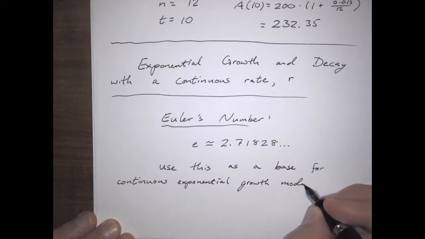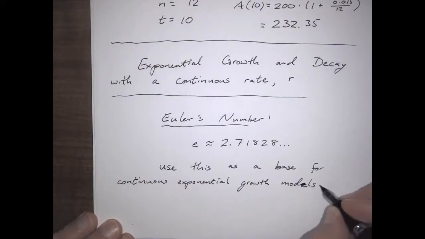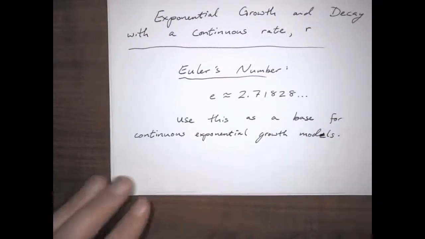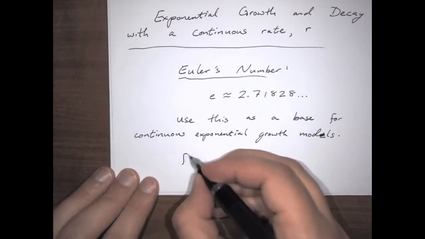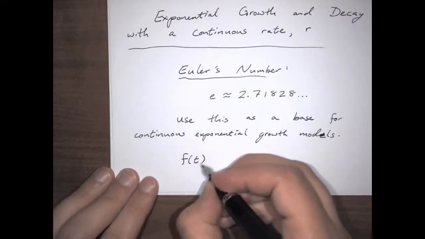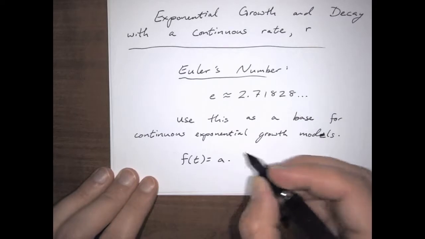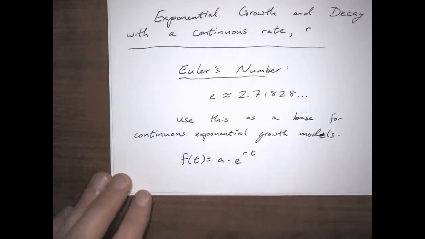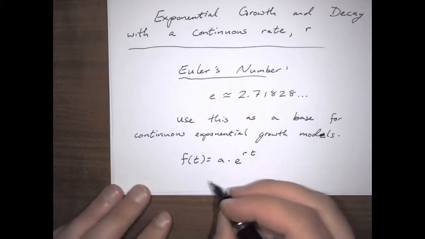In particular, the way the formula will look is f of t is equal to a times e to the rt, where r is the continuous growth rate.